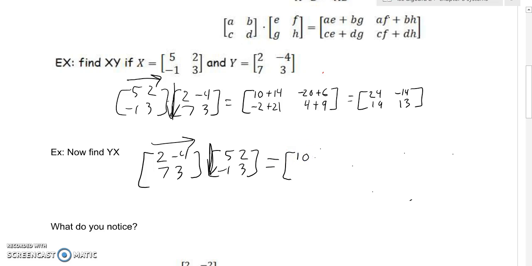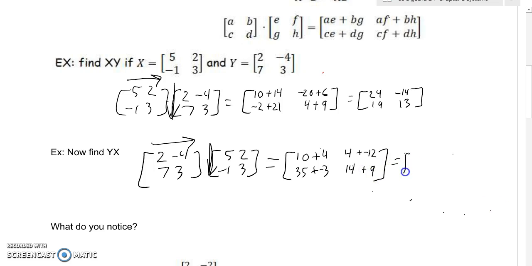Negative 4 times negative 1 is 4. 2 times 2 is 4. Negative 4 times 3 is negative 12. 7 times 5 is 35. 3 times negative 1 is negative 3. 7 times 2 is 14. 3 times 3 is 9.